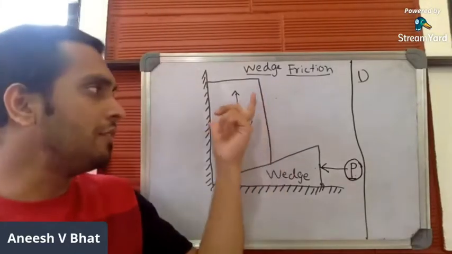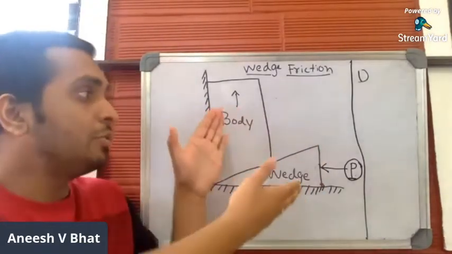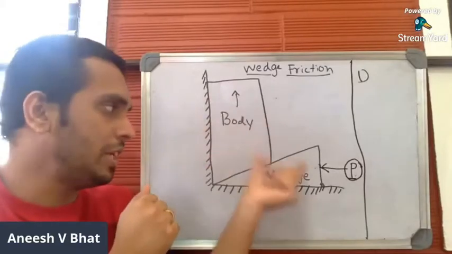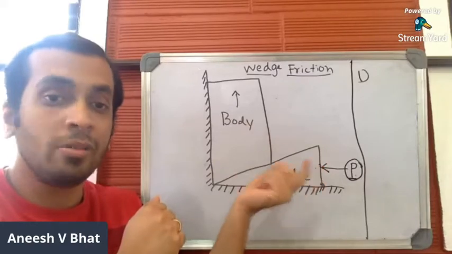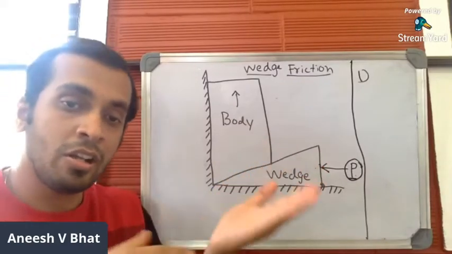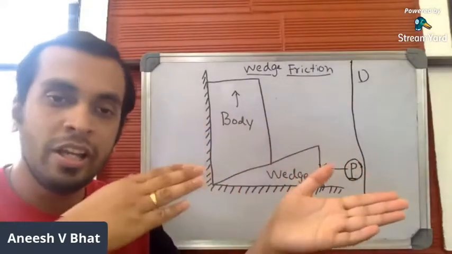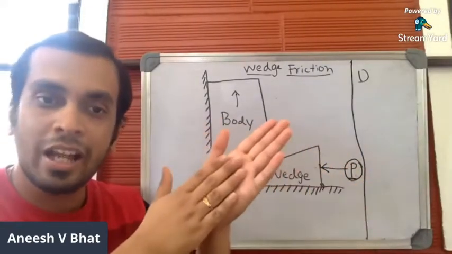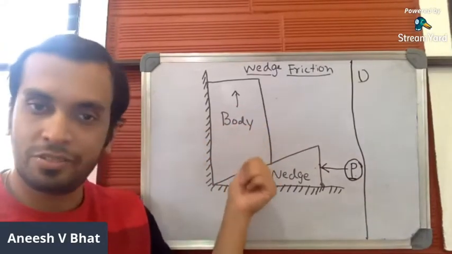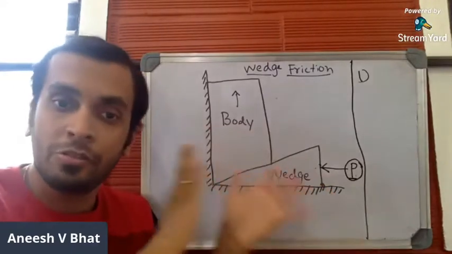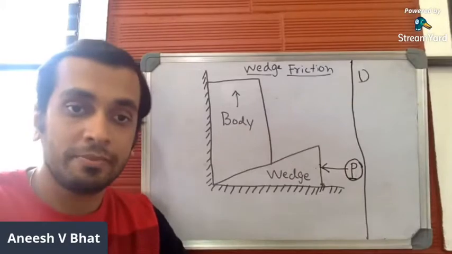Even here, you have a body and you have a wedge. Basically, a wedge is also a body, is it not? So you have these two bodies in contact with each other, and the wedge moves over the body when you push it. The body and wedge have some connection and move over one another, so friction is developed between the body and the wedge. This is the same as the previous problem in general friction, where you had two bodies moving one over another.